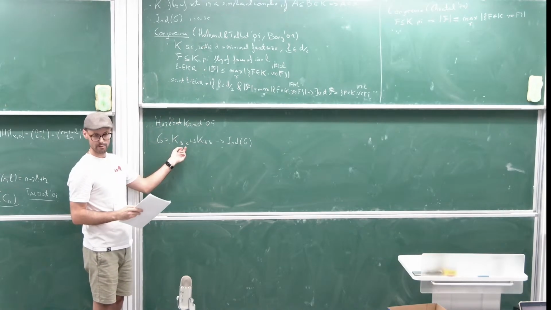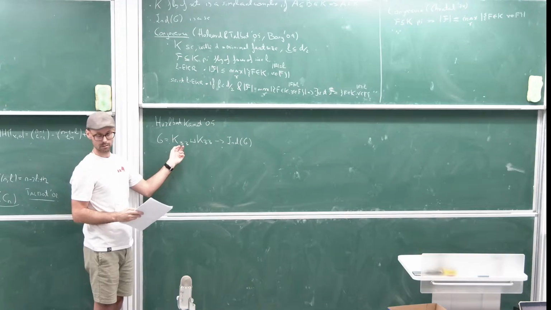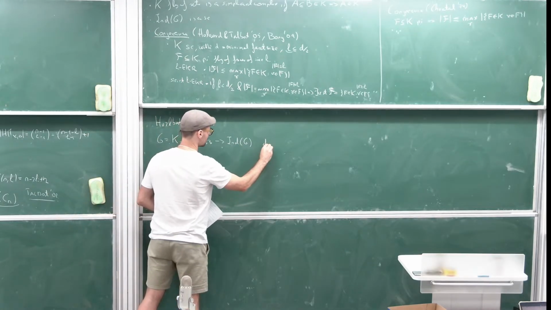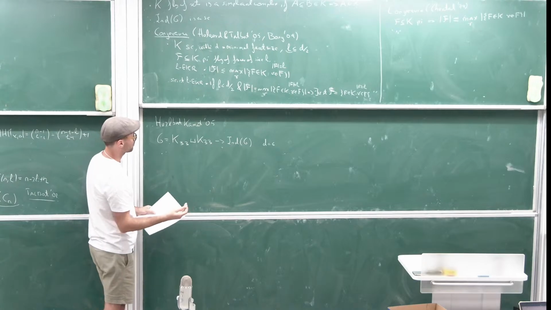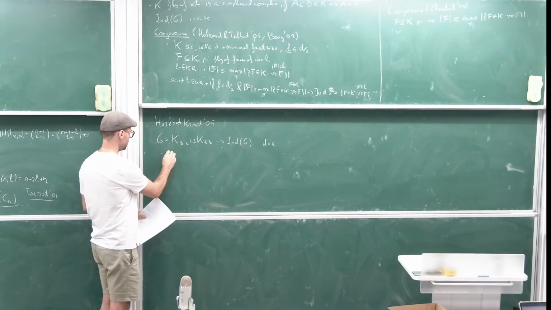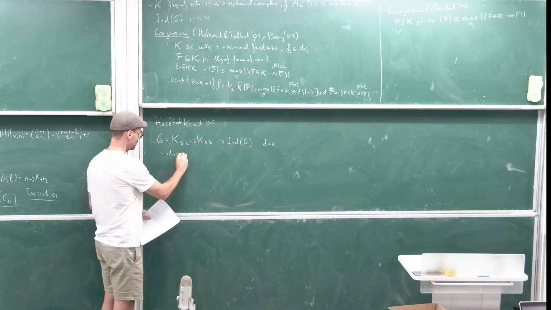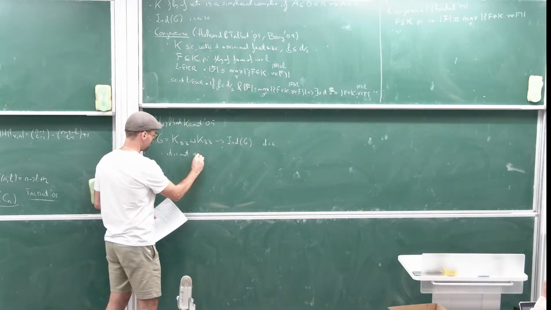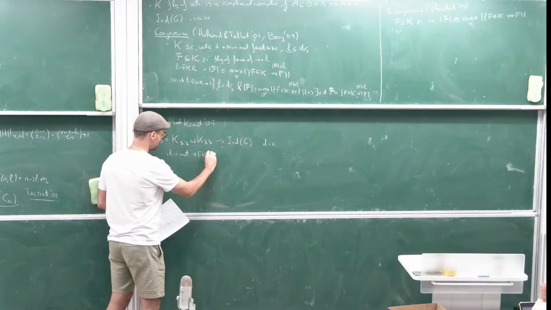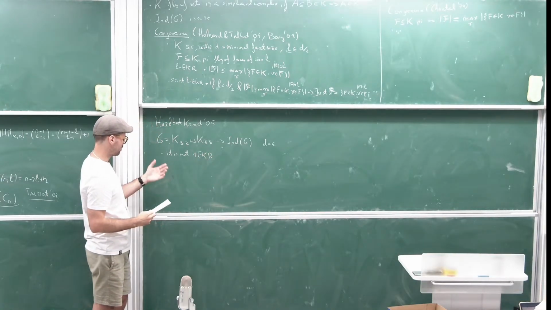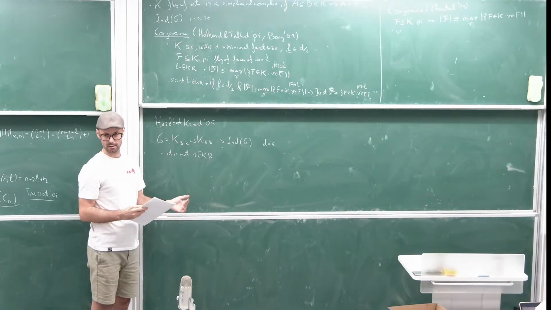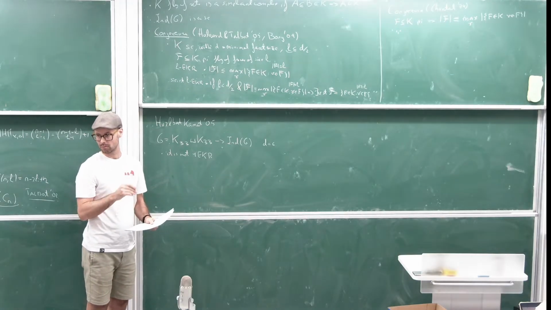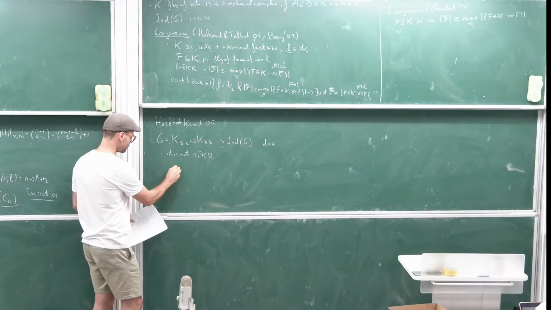So the minimal facet cardinality is 6. And I claim that it is not 4-EKR. That means that there exists a pairwise intersecting family which is larger than the star of one vertex.